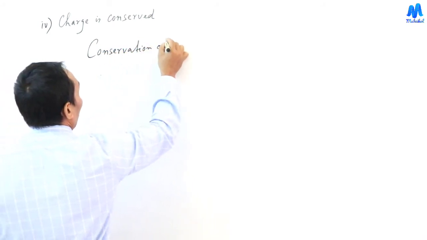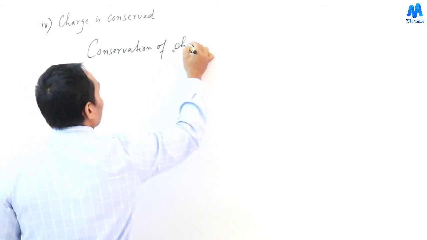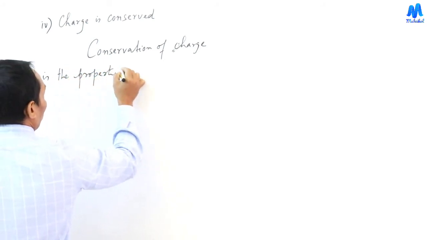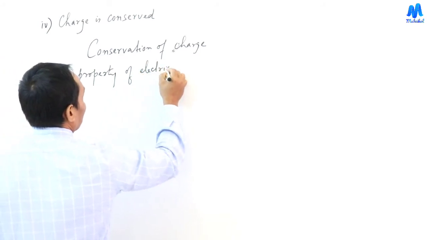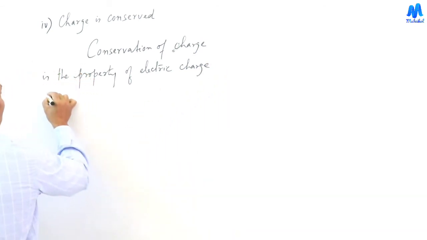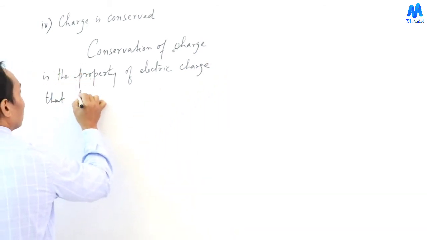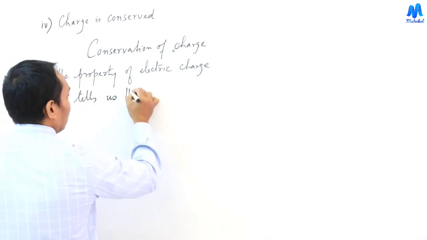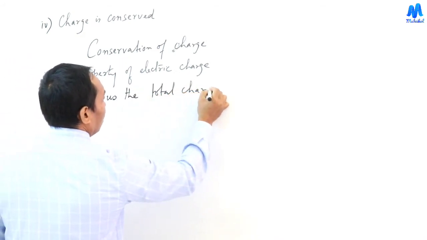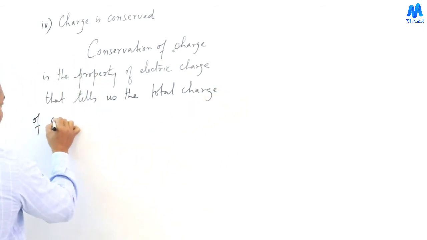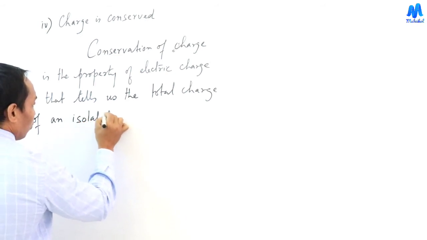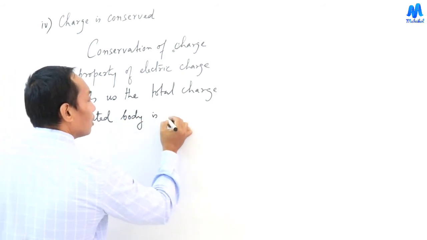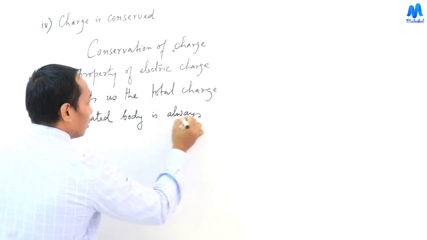Conservation of charge is the property of electric charge that tells us the total charge of an isolated body is always constant.